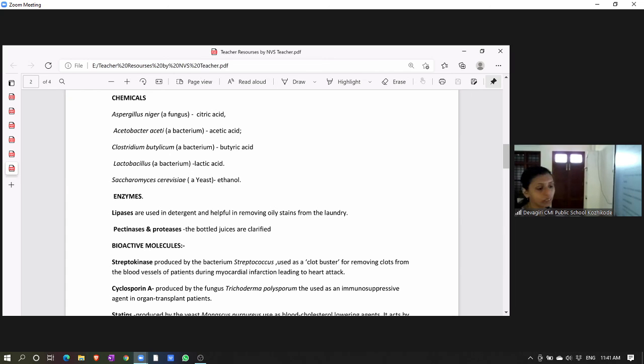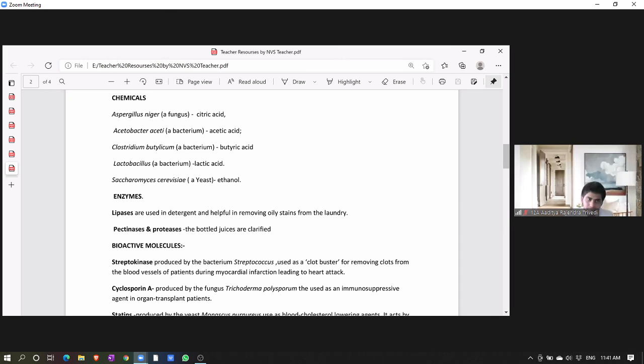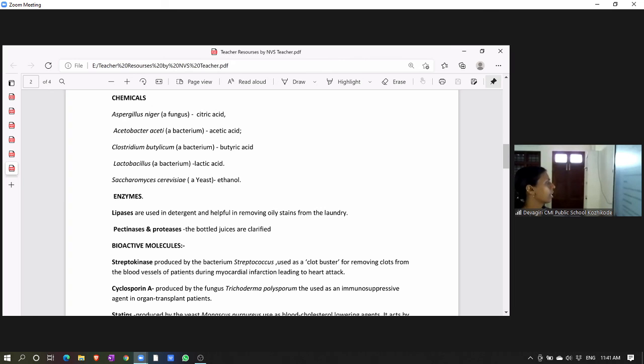Anyone please respond? Yes, ma'am. Next slide is heading enzymes. And when you write the bioactive molecules heading, there you write the definition which I told you just now. Then write streptokinase, cyclosporine, and all.